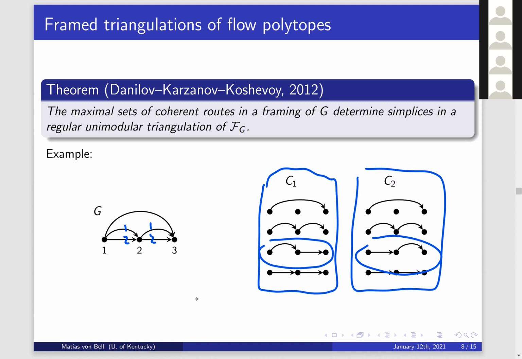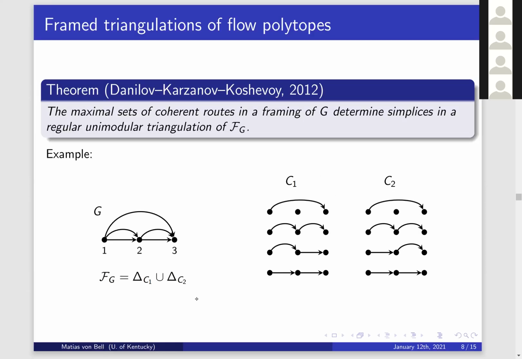And so in that case, these 2 that I circled would not be coherent. So they have to go in different sets of coherent routes. And there are 2 such collections. So then the flow polytope has volume 2, and this induces a regular unimodular triangulation.